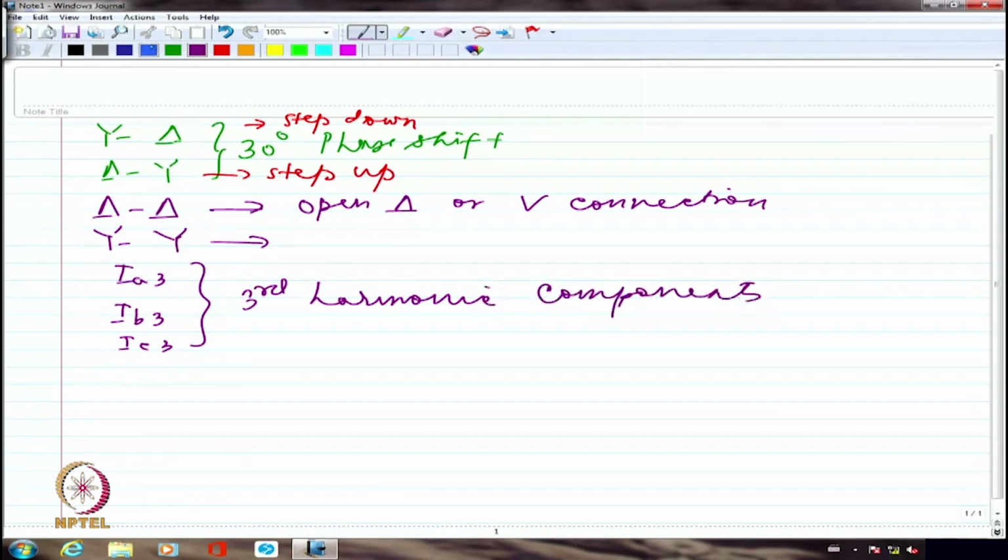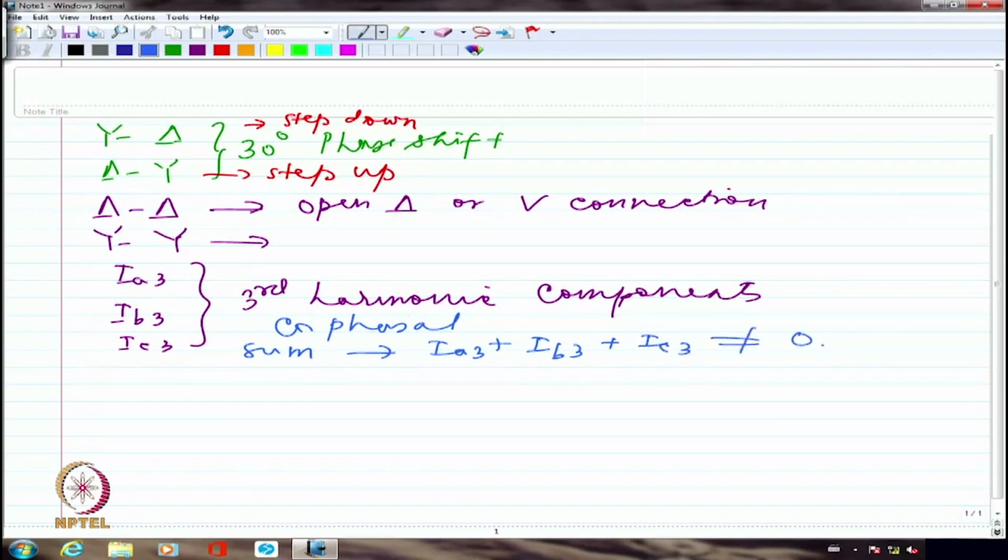Because they are cophasal, the sum of these three components, IA3 plus IB3 plus IC3, is a non-zero component. It is not equal to 0. Because it is not equal to 0, I have to provide a path for the current. So either the neutral should provide the path by grounding it, or if not, I have to provide some alternate path for the current.